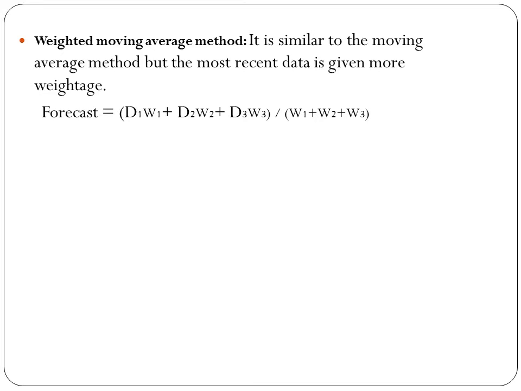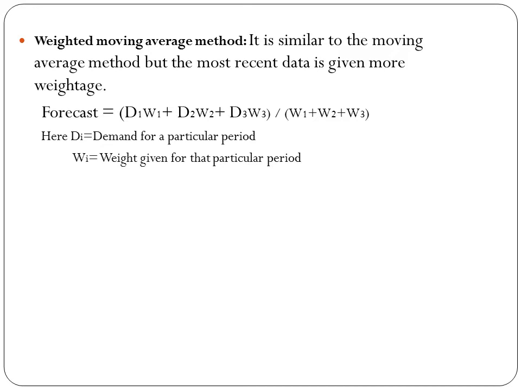What are D1, D2 and D3? Di is the demand for a particular period, and that is the actual demand, the previous demand, that we know.